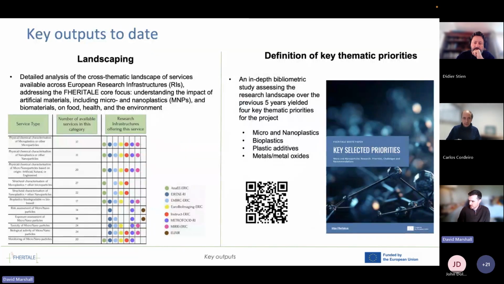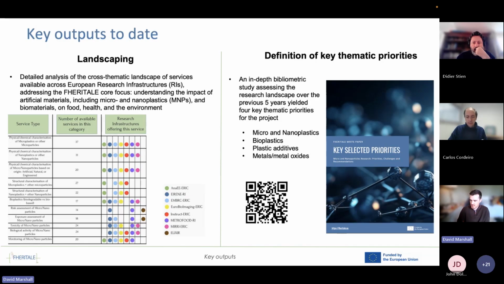So just as some key outputs today, early on in the project, it was necessary to define what the key priorities of the project would be, because obviously artificial materials is a relatively large area to tackle. And based on a very detailed and in-depth bibliometric study by some of the partners, looking at the landscape over the previous 5 years, 4 key thematic priorities were identified, namely micro nanoplastics, bioplastics, plastic additives, and metals and metal oxides.